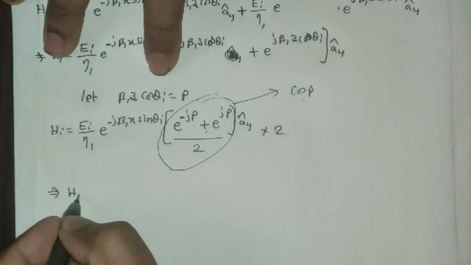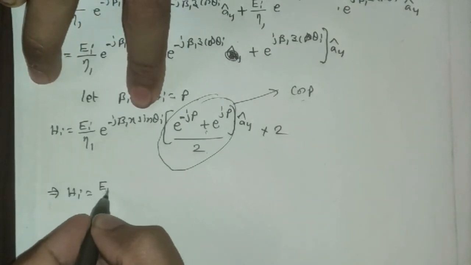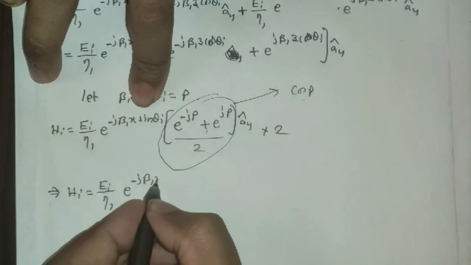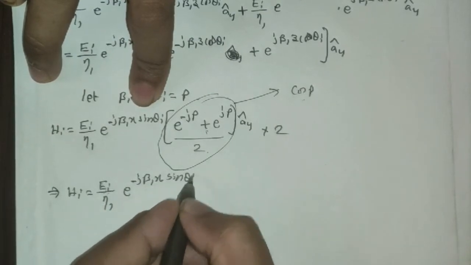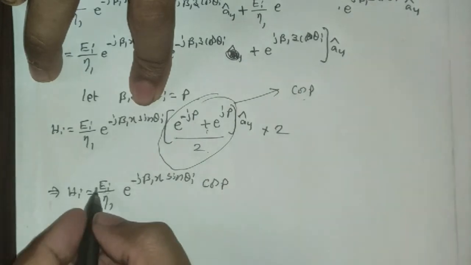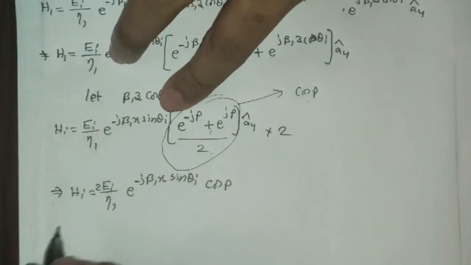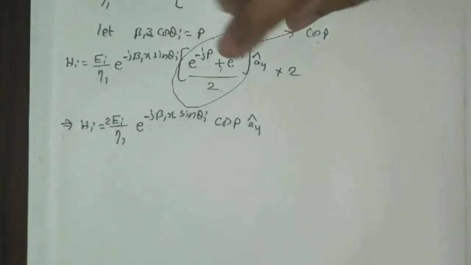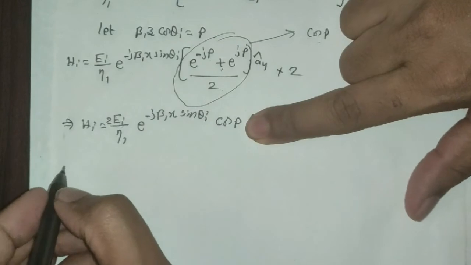So we have the magnetic field equal to EI by eta 1 into e to the power of minus j beta 1x sin theta I into cos p into, since it is 2, we have to write 2 here, in the direction ay cap. Substitute the value of p in this equation.